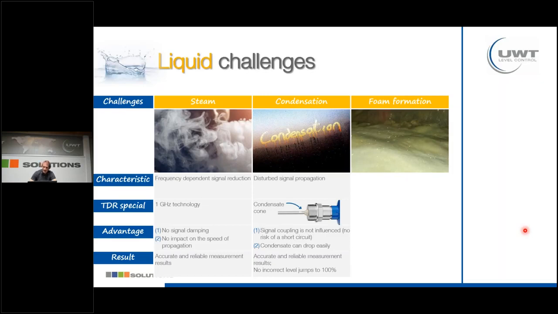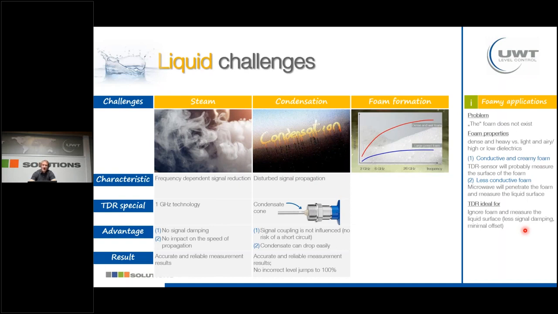Foamy applications are a little bit more challenging, because there are different types of foam, and we can never say, okay, if we have foam, it will work. But the advantage of TDR sensors here again is the low frequency. This is what you can see in this diagram: here the frequency, and on this axis the signal damping.